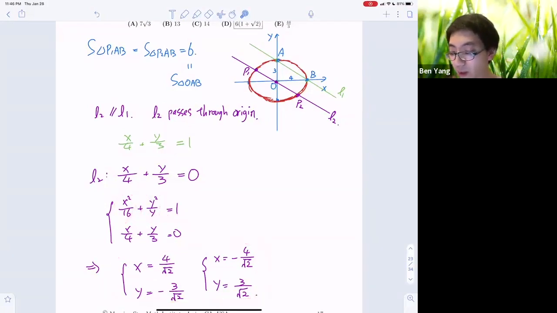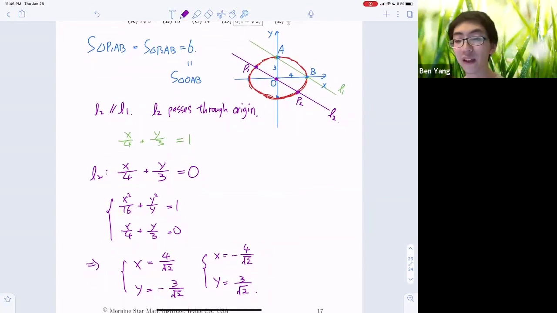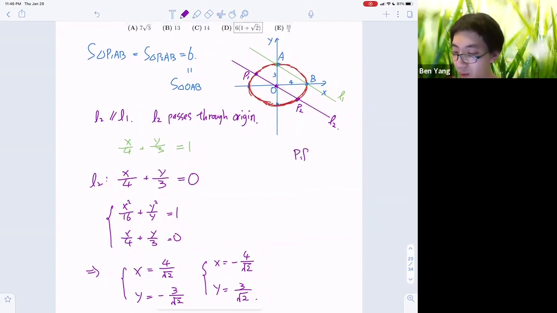Okay, so with that, we're able to find the length of P1P2. We can just use the Pythagorean theorem. So P1P2 is the square root of x1 minus x2 squared plus y1 minus y2 squared.